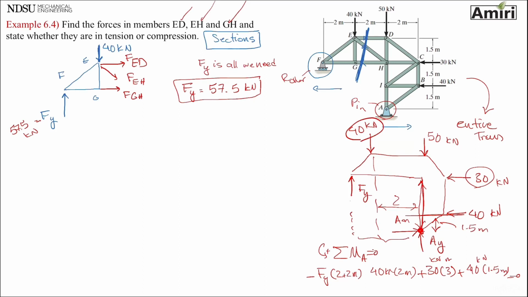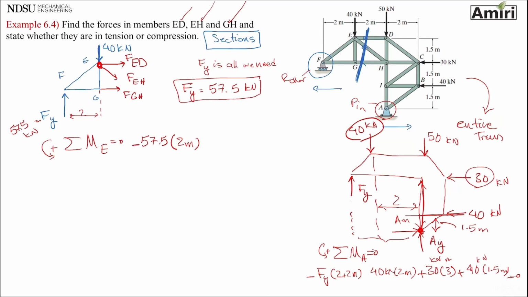I usually like to start with a moment, and I'm going to take moment about point E. If I take moment about point E, the 40, the ED, the EH, they all go through point E, so I don't need to worry about them. Moment about E being 0. All I have is Fy, which is 57.5, at a distance of 2 meters, and it's trying to go against my sign, so that's negative.